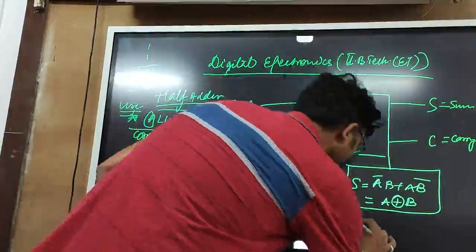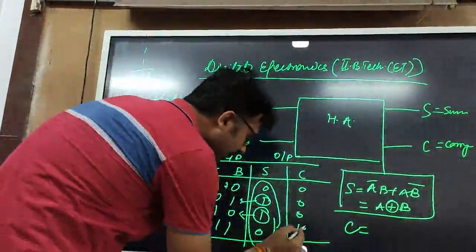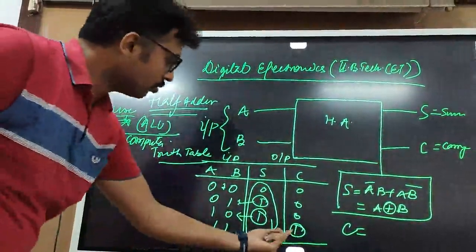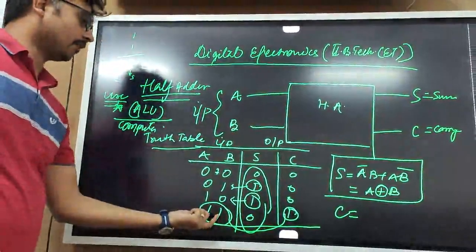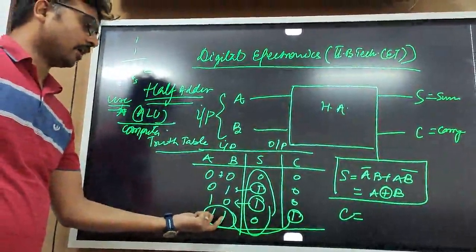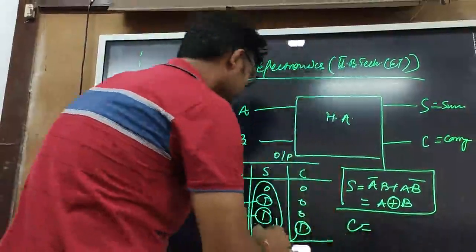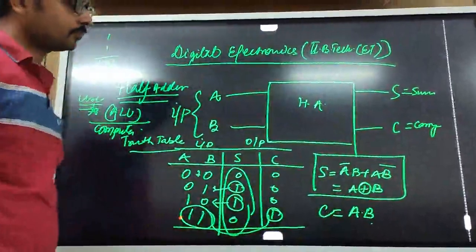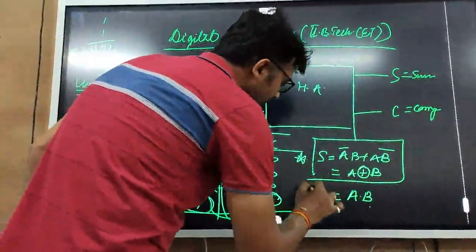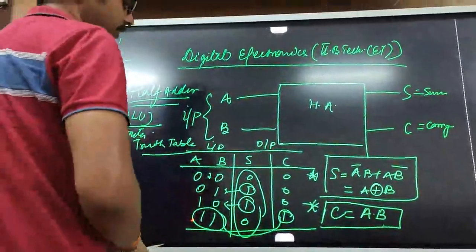Similarly here, for the carry term, we have to write an expression. Carry is high only once. So for its expression, you have to focus over there. When both input terminals are high, then we are getting carry. So the expression for the carry is A dot B. By using these two expressions, we have to design the half adder.